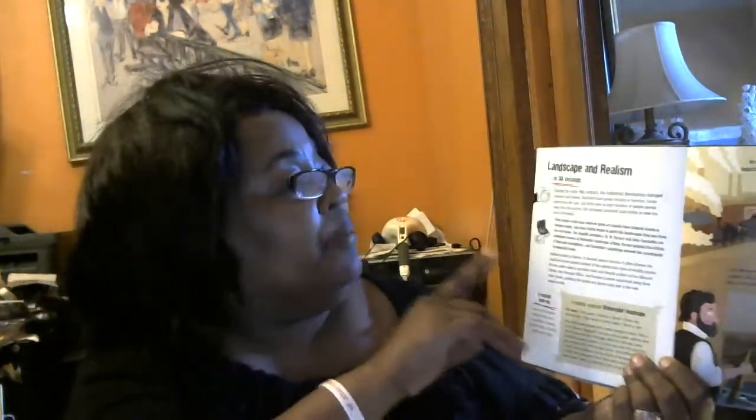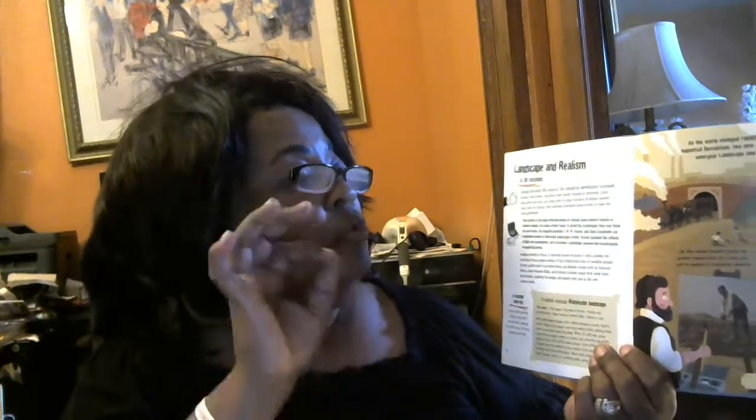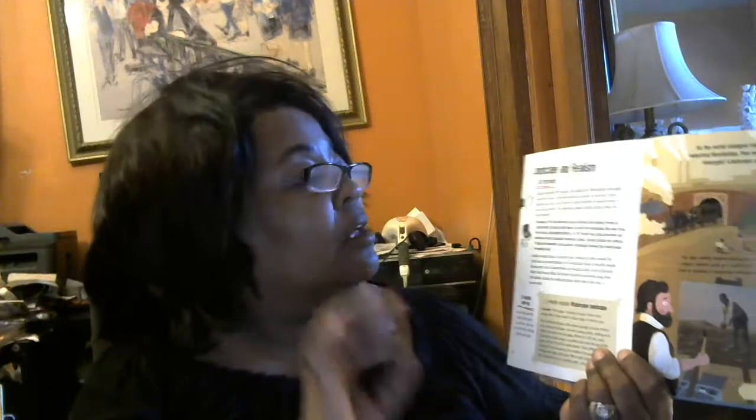So let's talk about realism. Realism is like a landscape. During the early 19th century, the Industrial Revolution. You remember how we talked about history, the Industrial Revolution, and what happened there is when the steam engine came, the United States became mobile.